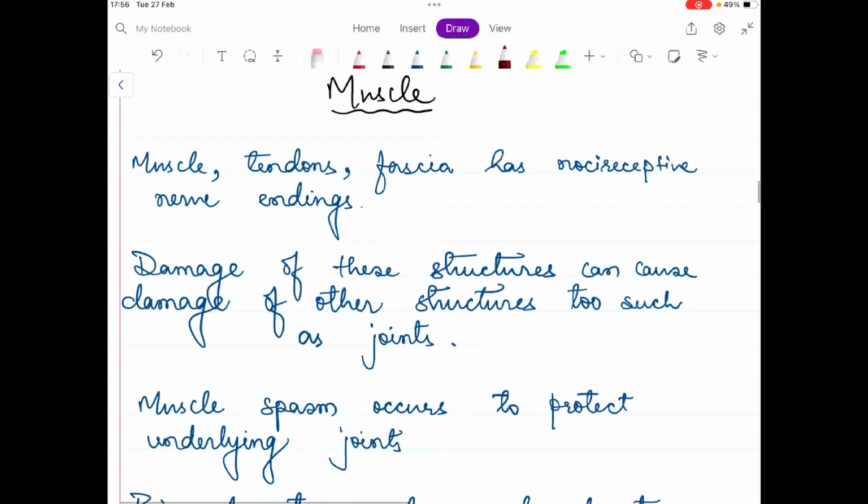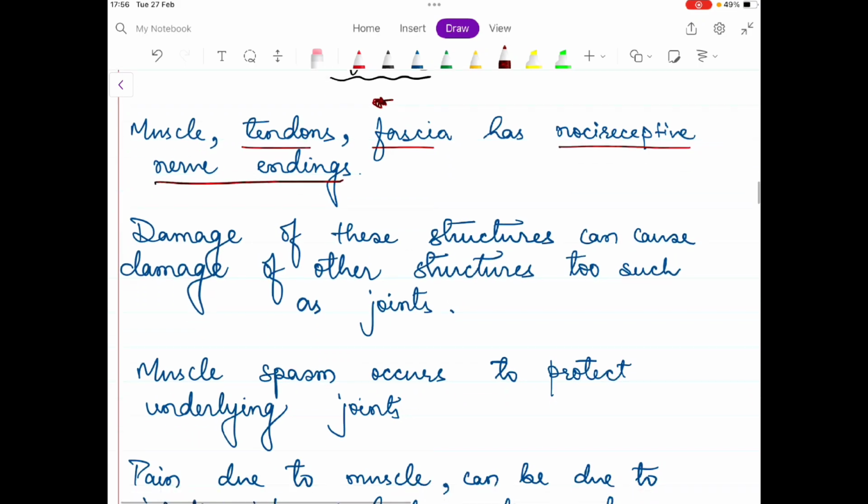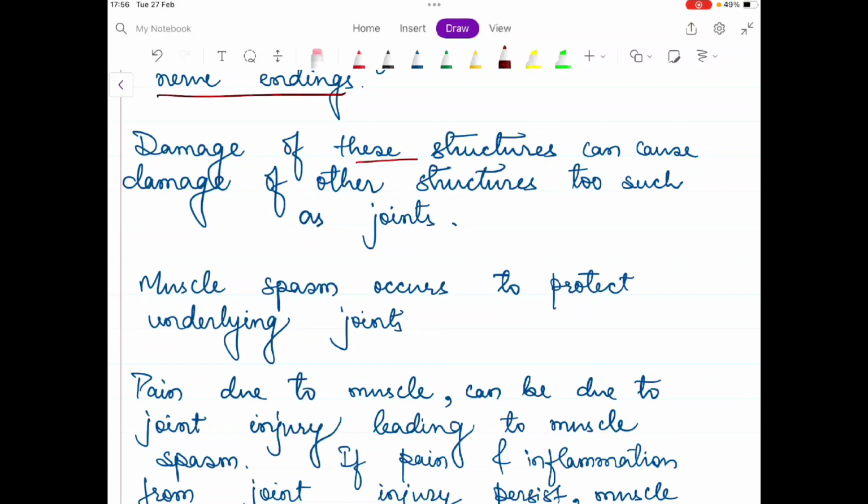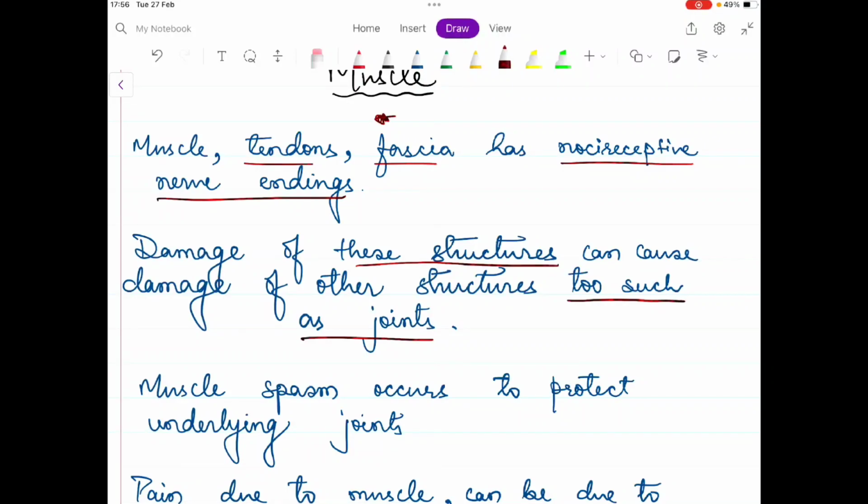Muscle includes tendon and fascia, which also have nociceptive nerve endings, and I'll discuss this fascia a lot more in the upcoming videos. Damage of these structures can cause damage of other structures too, such as your joints. Let's say that a tendon or fascia is damaged, so that could lead to damage of the particular joints.